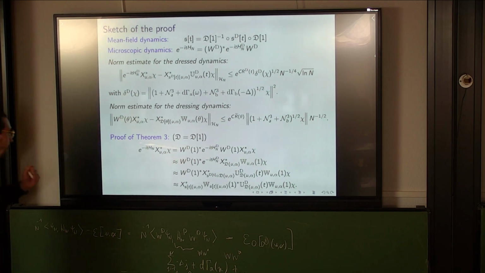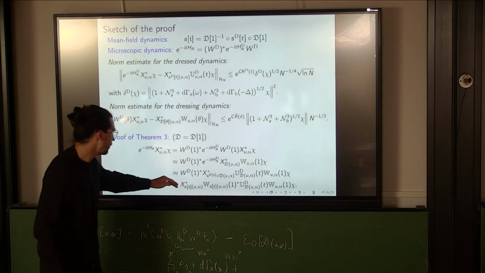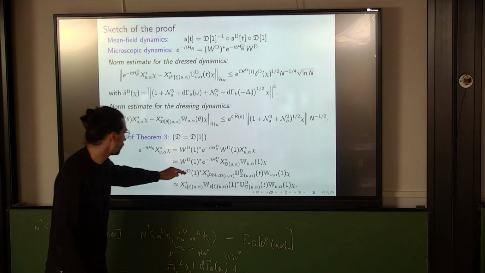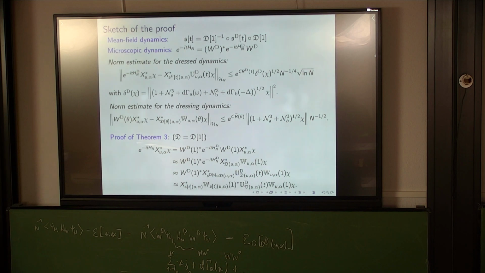And then in the last step we still have the undressing, but there we can use again the second result to do the Bogoliubov approximation of this undressing.